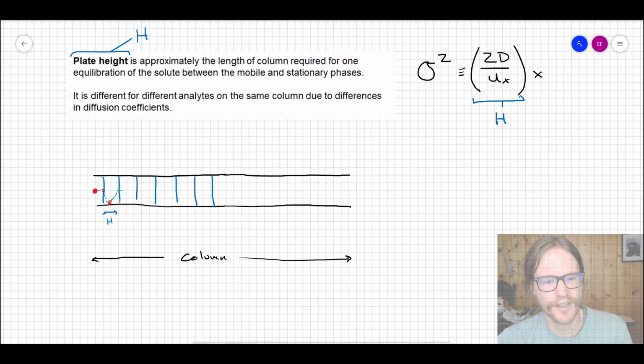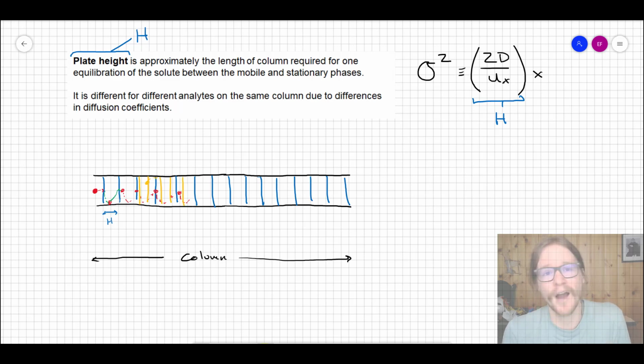So you can subdivide your entire column into these hypothetical equilibration cycles where your compound keeps going through, interacts, and reaches equilibrium. Every time it reaches equilibrium, it starts to separate further and further from, say, another molecule that is doing the same thing, but maybe that distance is different for that compound, and so it's cycling faster and faster compared with your other.